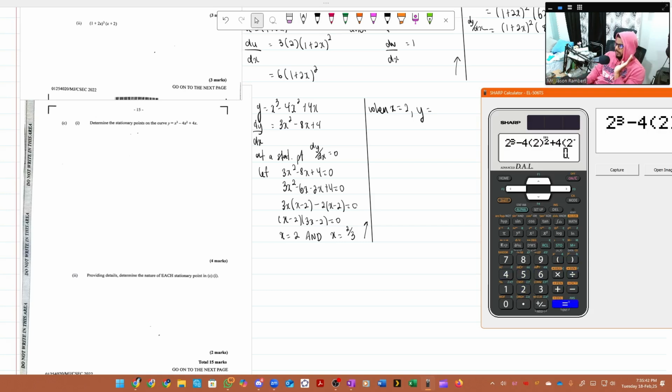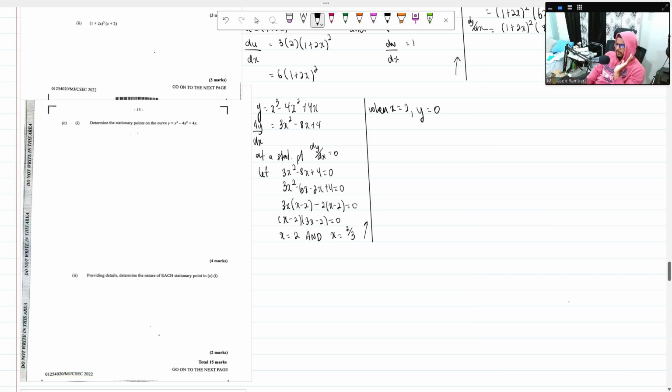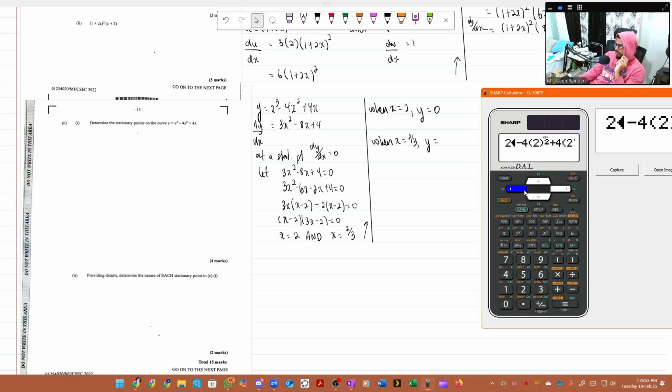I'll get y is 0. And when x is 2/3, y is equal to, so all I do now, I put in my bracket, 2 over 3, close bracket squared, cubed, 2 over 3. I get 32 on 27.